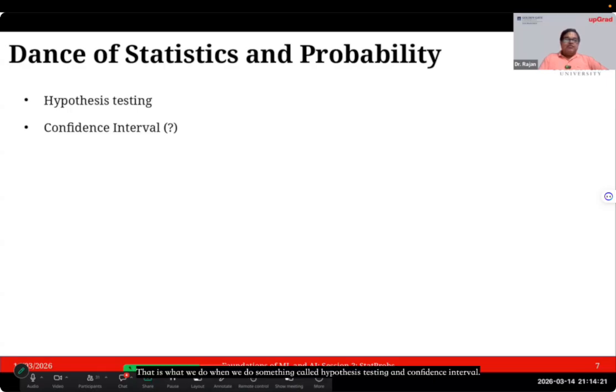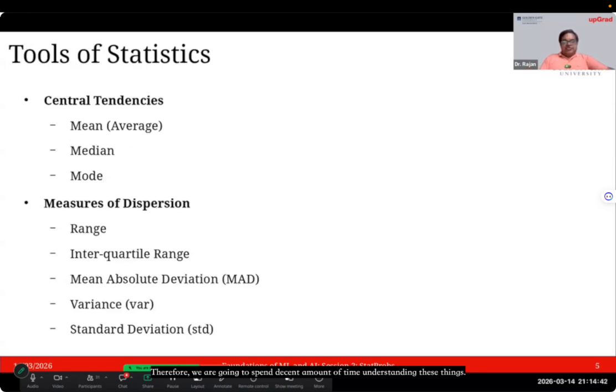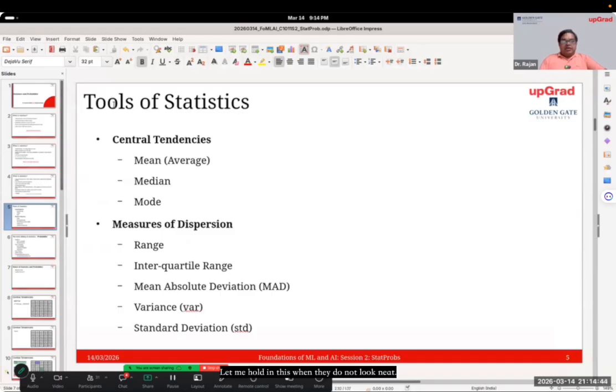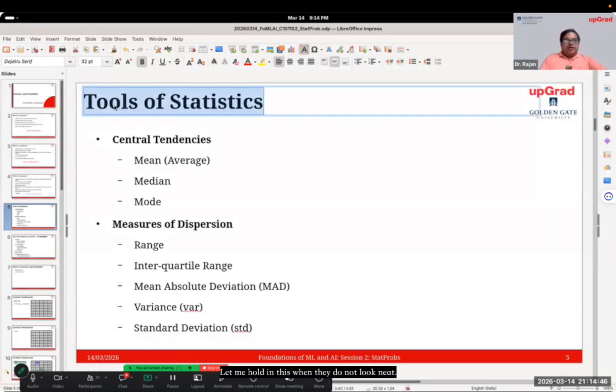That's what we do when we do hypothesis testing and confidence intervals. All these things form the foundation of the entire data science edifice we build. Therefore, we are going to spend a decent amount of time understanding these things. Let me make it bold.